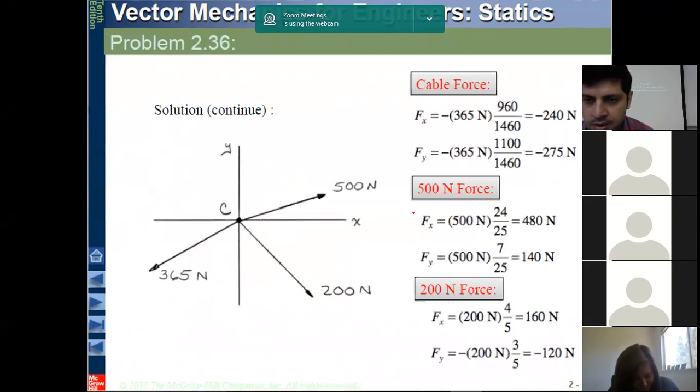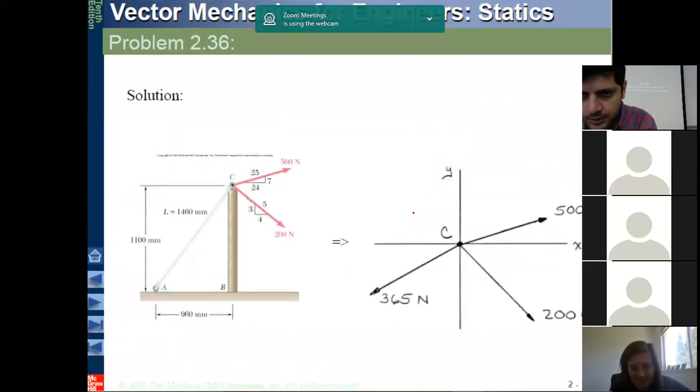You know the Cartesian axes, and you must be able to calculate sine and cosine of theta. You also have the dimensions.